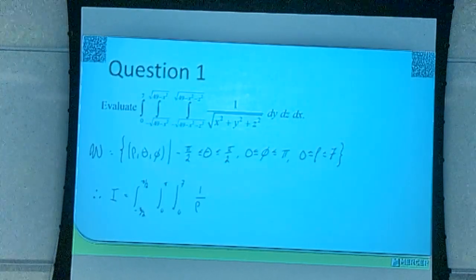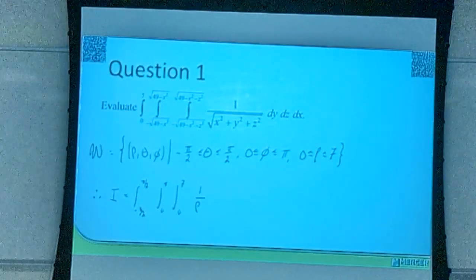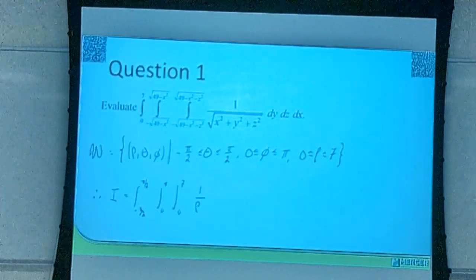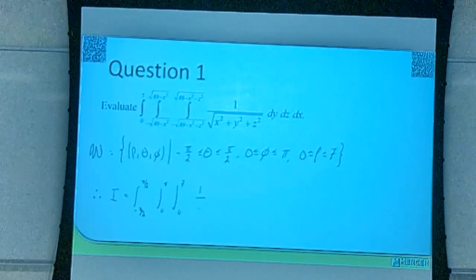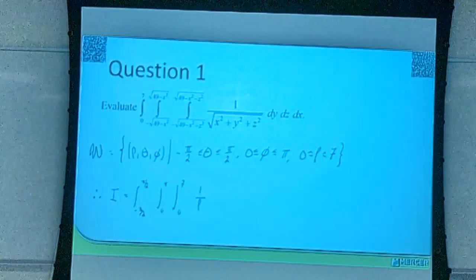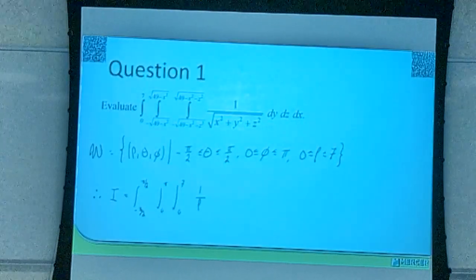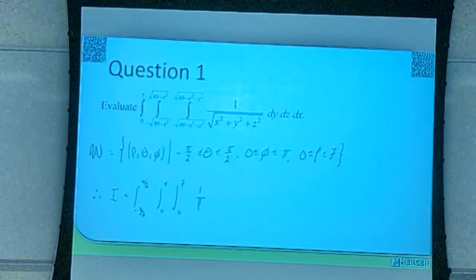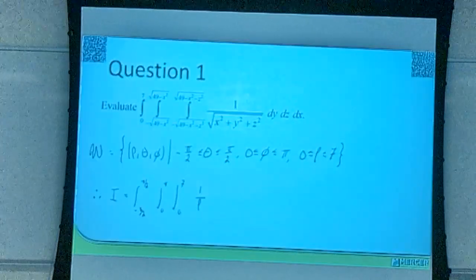Okay. Right. X by itself would be rho cosine theta sine phi. Oh, so spherical coordinates, each of them use all three. No, z is just rho cosine phi.